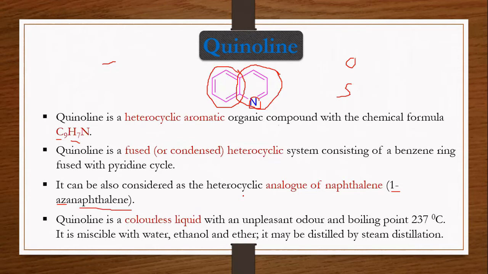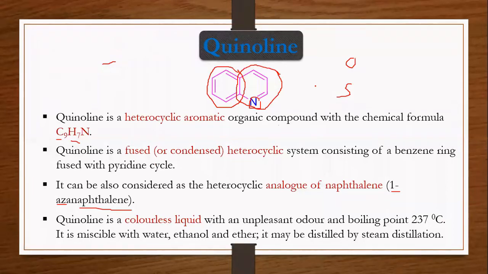Quinoline is a colorless liquid having an unpleasant odor with a boiling point of 237 degrees Celsius. It is miscible with water, ethanol and ether, and it can be purified by steam distillation.